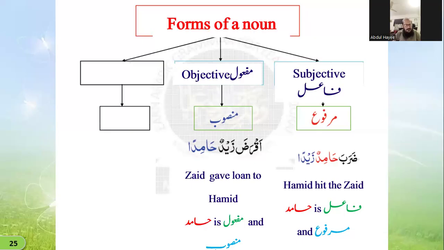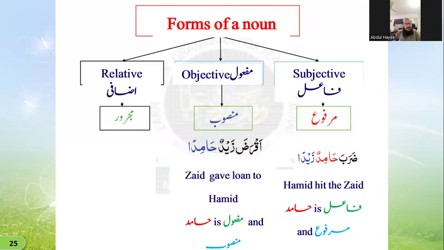Zaid gave loan to Hamid. And maf'ul is Hamid because it's mansoob. It has a double fatah on it. So mansoob is telling it's a maf'ul. This is maf'ul. Who is the fa'il in this case? Zaidun, because Zaid is in the state of raf. It's marfu, it's having dhamma.